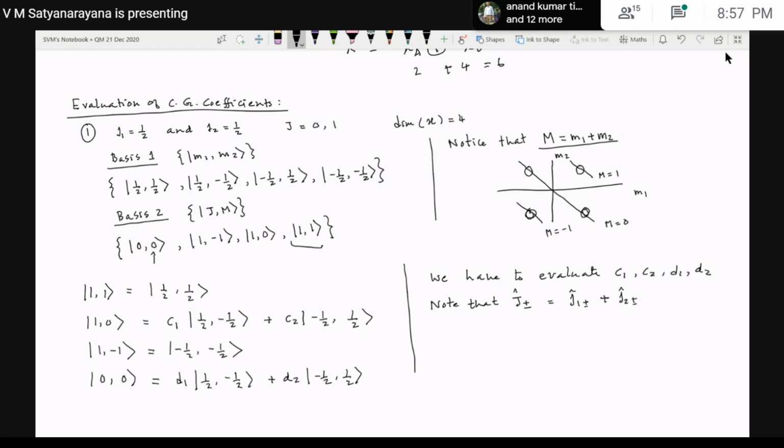You can write these ladder operators of the total angular momentum as the sum of the ladder operators of the individual angular momenta.